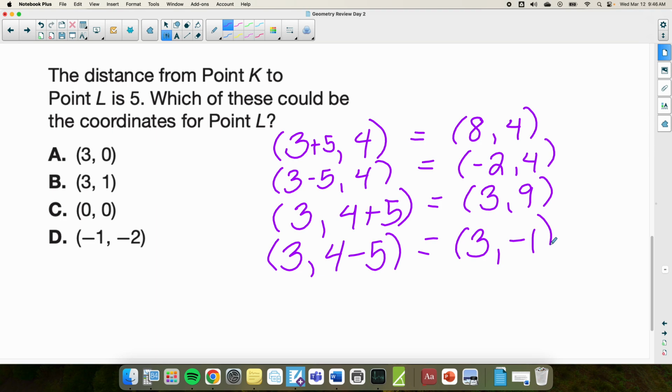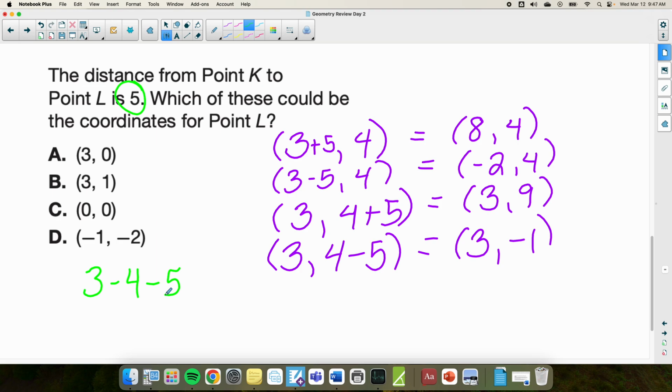So do you guys know what we'd have to take into account then? Talked about it briefly. Is this the hypotenuse of a right triangle? Yes. Isn't a 3, 4, 5 triangle a right triangle?